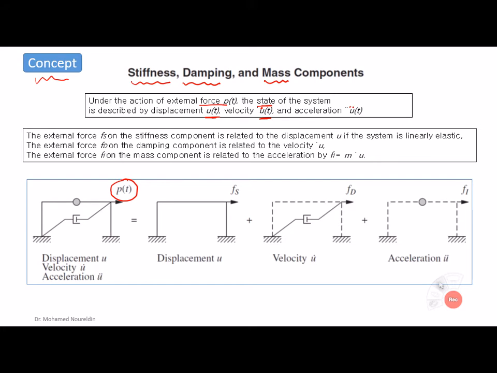So we have three main components. We are going to map these three main components to the main components of the system, which is related to the stiffness, damping, and mass, the main characteristic components of the system.